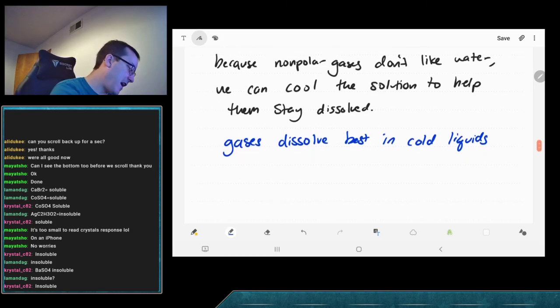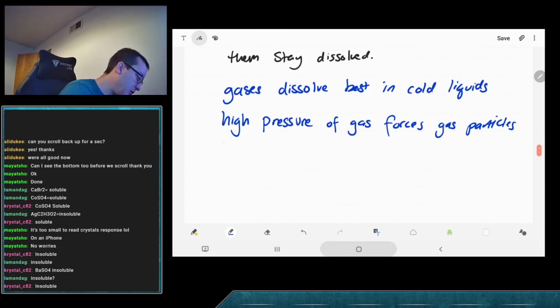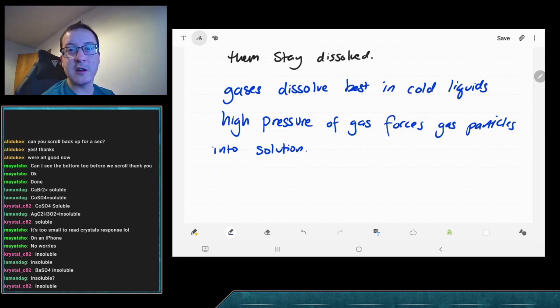And in fact, a high pressure of a gas forces gas particles into solution. So no system likes to be high pressure, right? If you have a tank of compressed gas, as soon as you open it, that gas is going to rush out. Nothing likes to be high pressure.